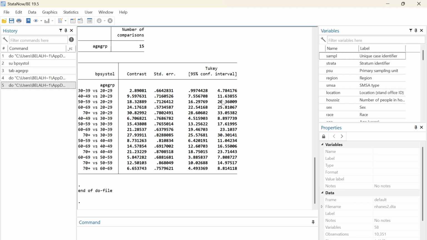So none of these include any zero. That means the difference is not zero, but higher than that, which is really significant. So the interpretation is, when you don't see any zero between these numbers, then this difference is statistically significant. So all groups have significantly different values compared to another group. So this is how you interpret it.